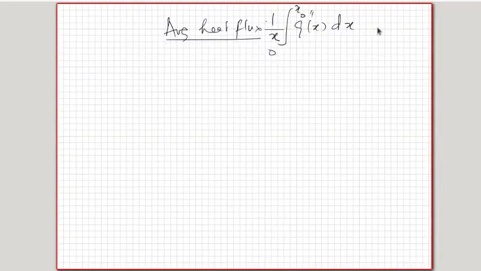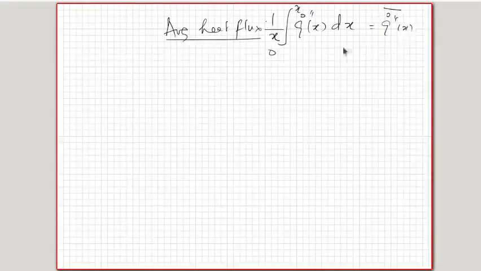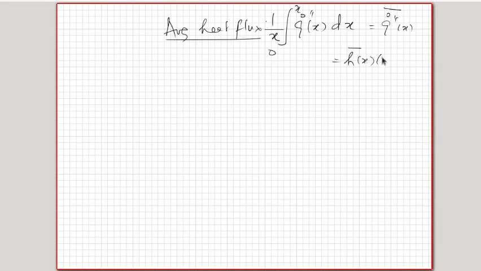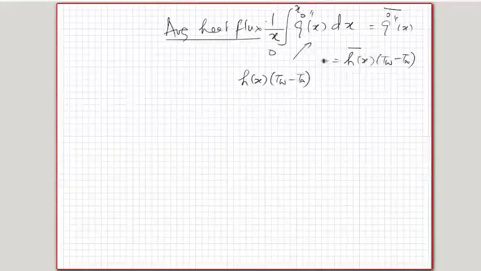So this is the average heat flux, which you can write as q dot double prime bar at any x, and this will be equal to h bar of x into T wall minus T infinity. And this itself will be equal to h of x into T wall minus T infinity. So the T wall minus T infinity can cancel out on both sides.